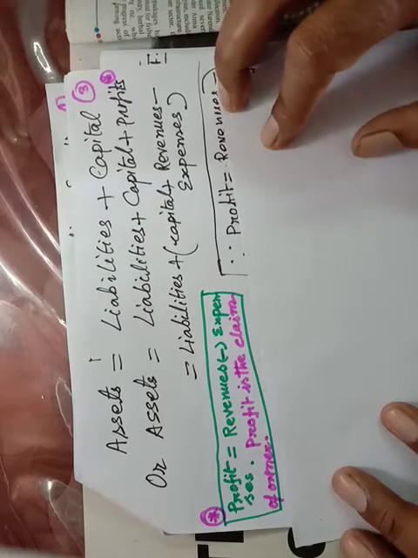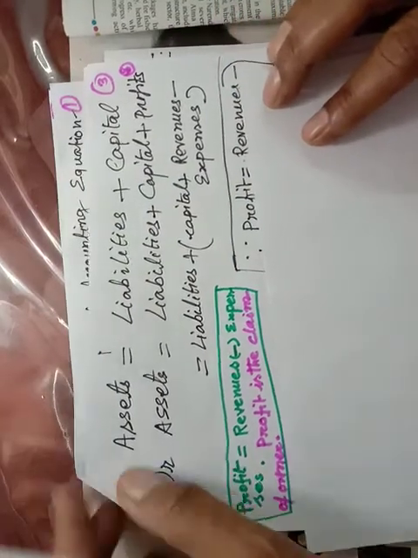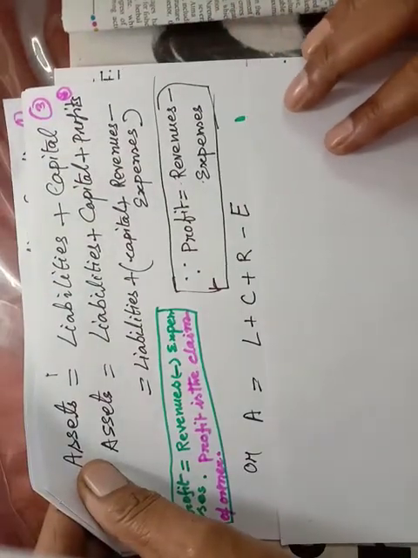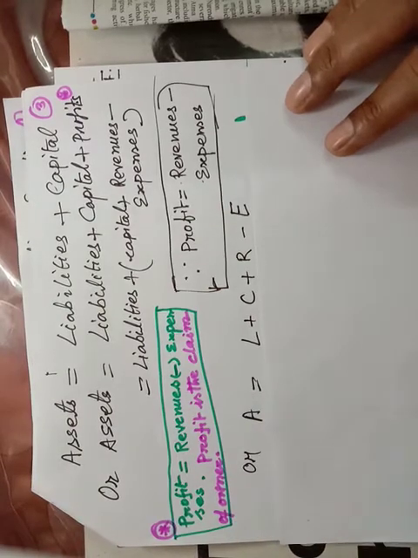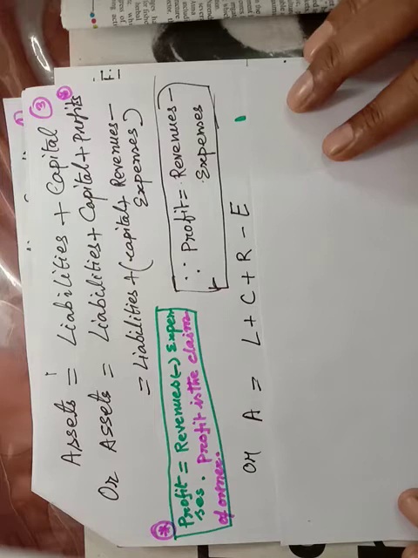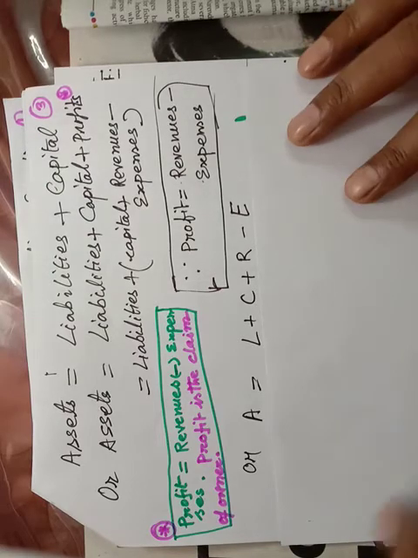Profit earned by the business is the claim of the owner, and that is why it is added to the owner's claim, that is capital. Now in abbreviated form we write A is equal to L, meaning liabilities, plus C, meaning capital, plus R, meaning revenues, minus E, expenses. Here expenses, E, includes both expenses and losses.